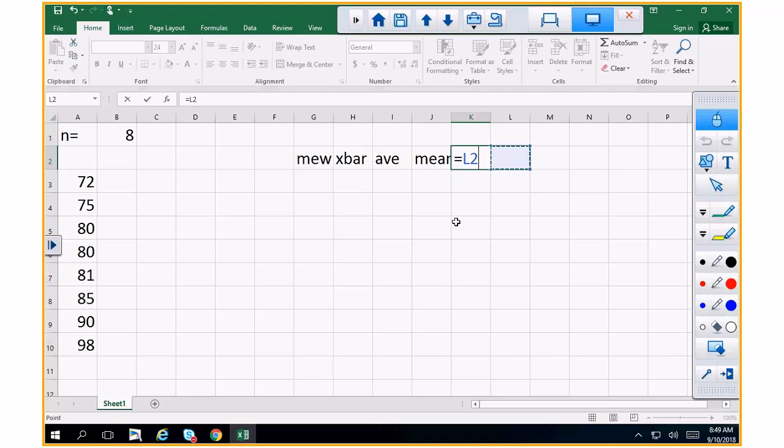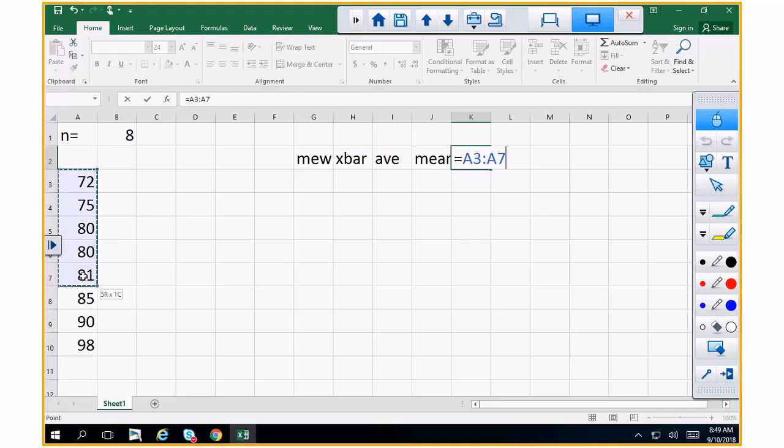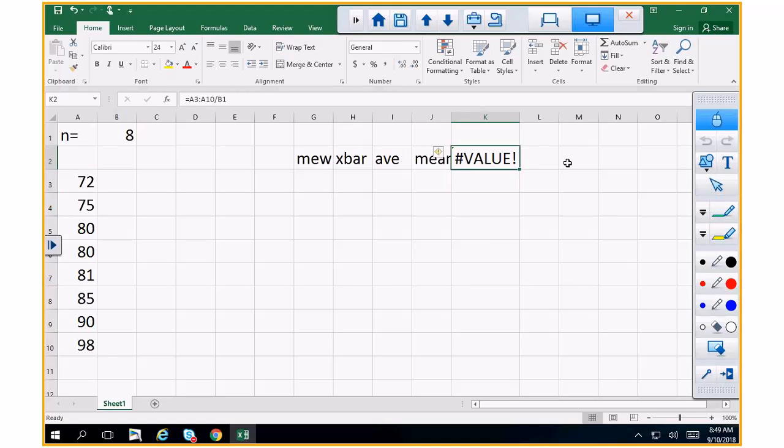Equals the summation of these guys divided by what? N. So divided by that, and y'all should come up with an answer. Everybody should have got that. And y'all feel good about yourself.